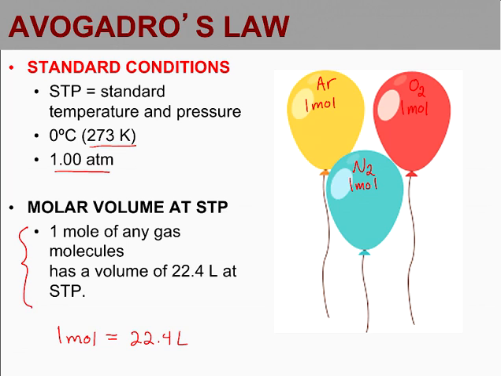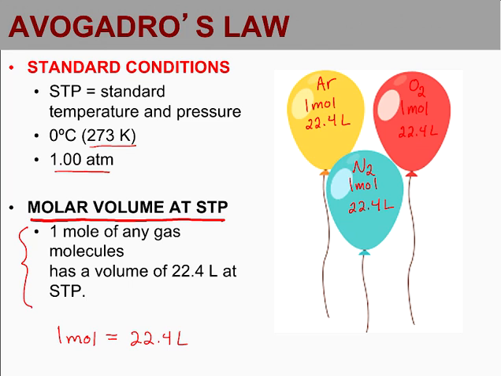They're going to each take up 22.4 liters of space if they're all at 273 Kelvin and 1 atmosphere. And this is what we call the molar volume at STP. So each of these balloons will have a volume of 22.4 liters.